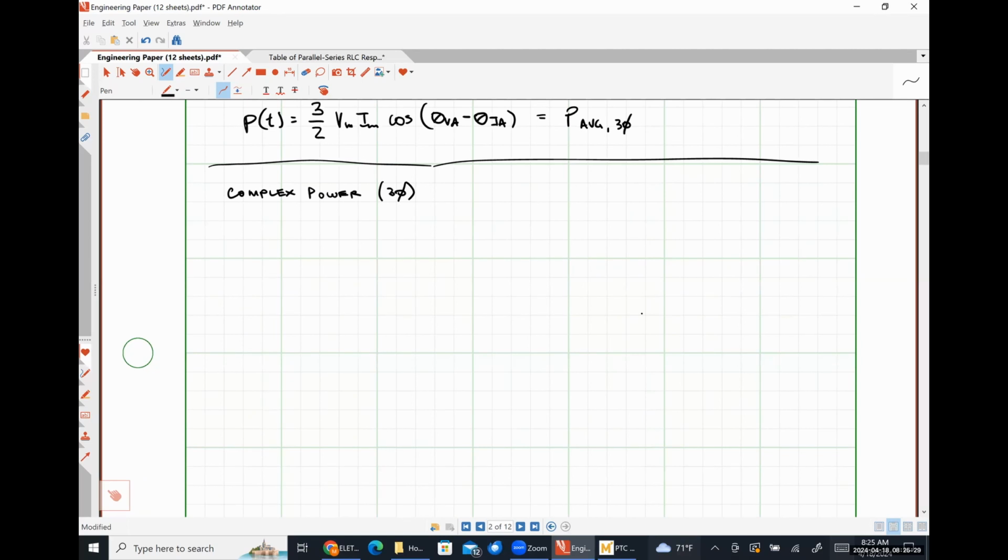All right, so let's say that I'm looking at a Y-connected load as part of a larger system. Okay, so I don't care how my source is connected or anything like that. So I'm just putting these ellipses here to say like, hey, there's something connected on the left-hand side and we don't really care what it is.